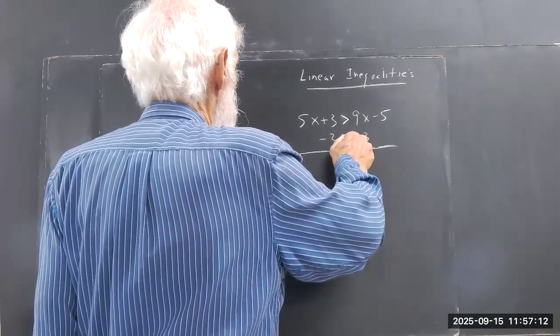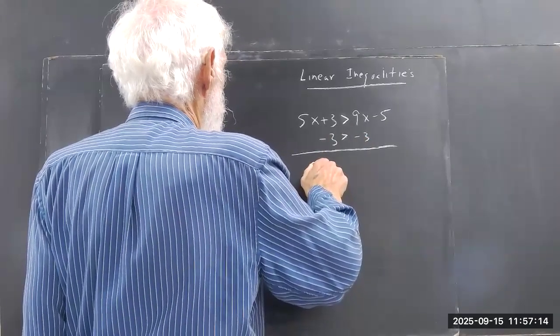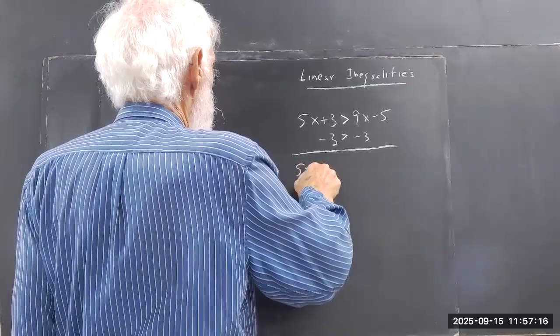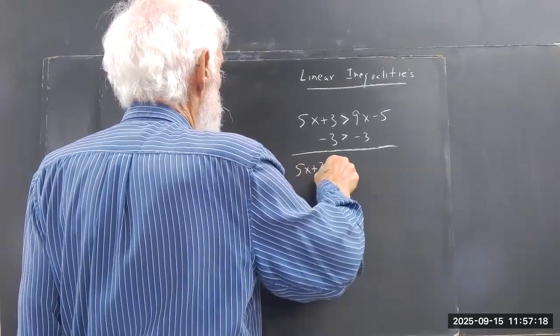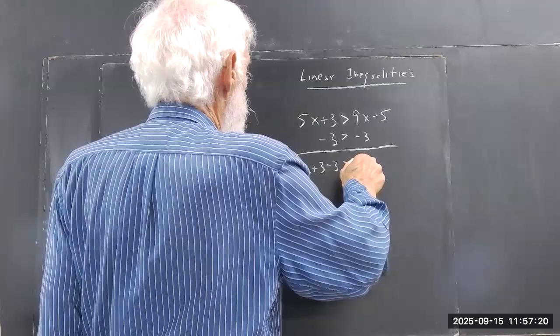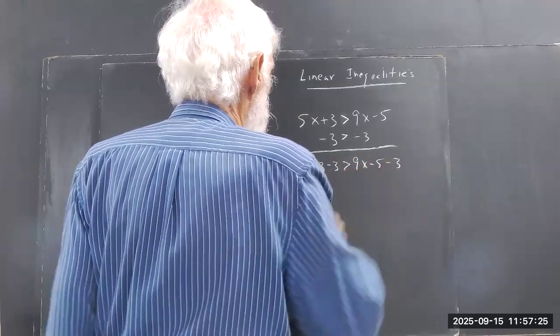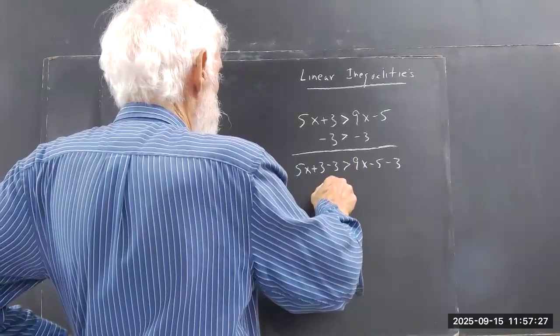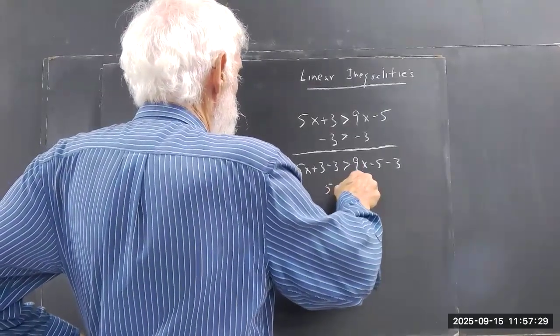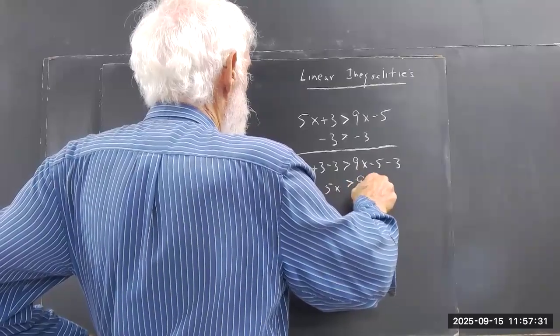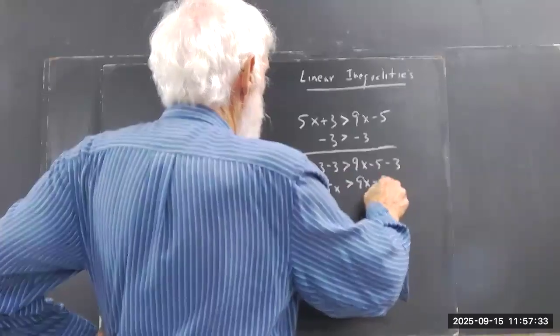So I end up with 5x plus 3 minus 3 greater than 9x minus 5 minus 3, which is the same as 5x is greater than 9x minus 8.